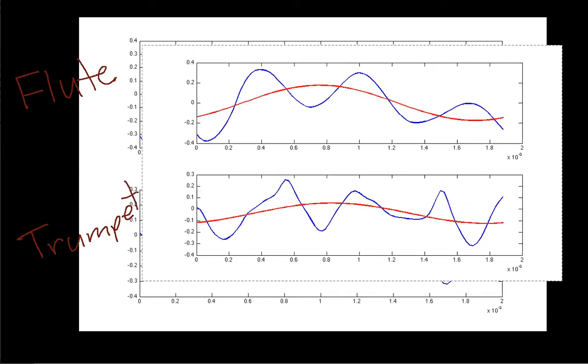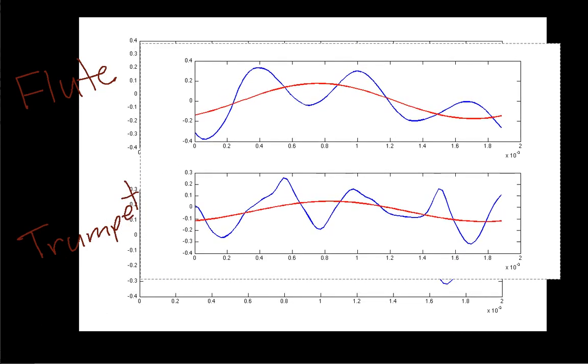So the blue line still shows the waveform for the flute and the trumpet, and you can see that I have a sinusoid that more or less goes up when the signal goes up and goes down when the signal goes down.